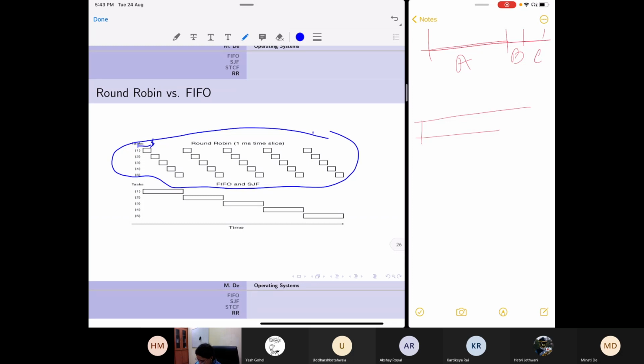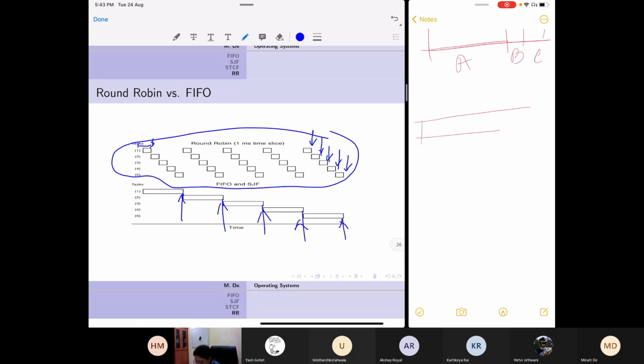At this moment, the first job finished. At this moment, the second job finished. Now you see the same 5 jobs. If you schedule them with FIFO, then the first job will be completed here, second job here, there, there, there, right?